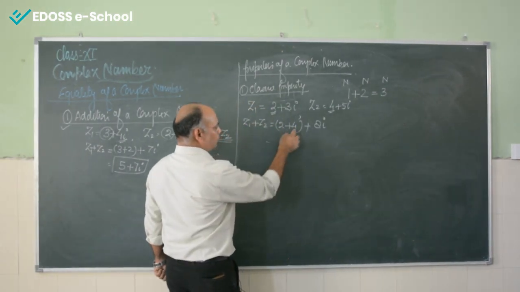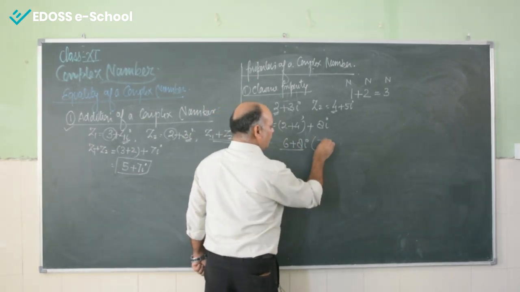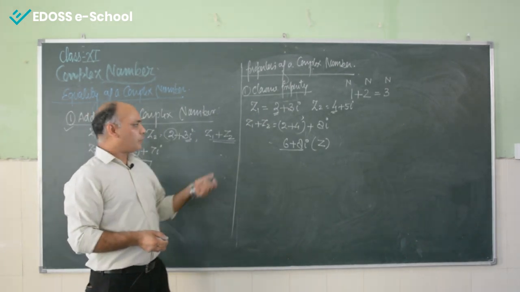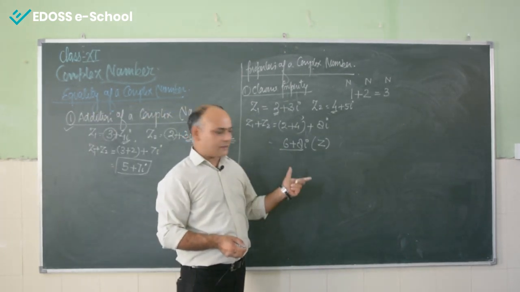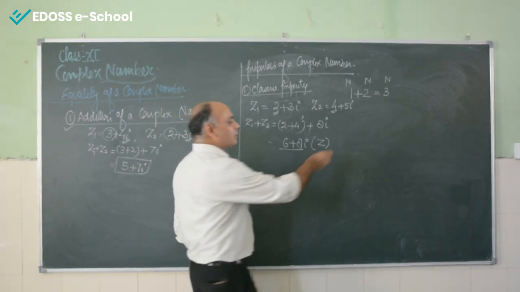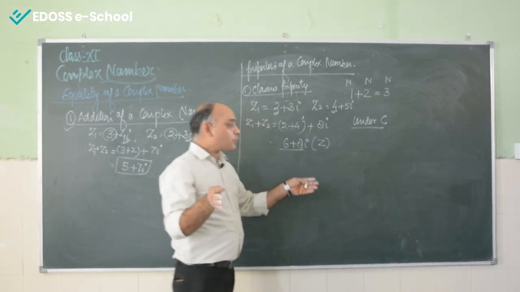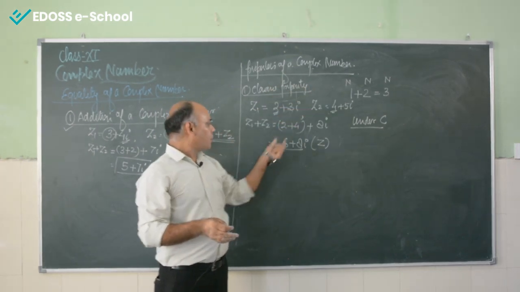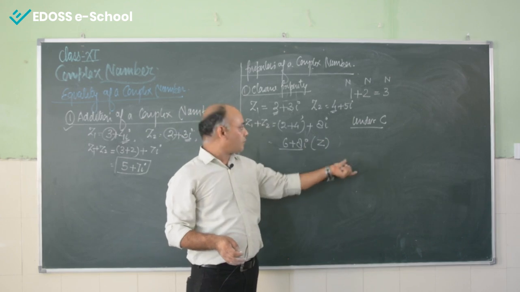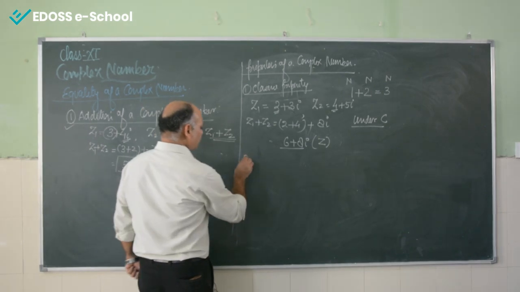So 2 plus 4 is equal to 6, giving 6 plus 8 iota, which is again a complex number Z. That means the closure property says that when two complex numbers are added, the result is valid under C; under C means it is closed within the complex numbers. When two complex numbers are added, the result is also a complex number, and this property is known as the closure property. The second property is commutative.